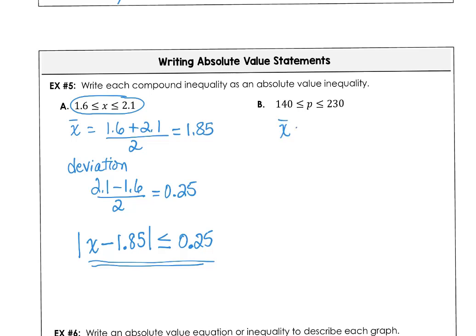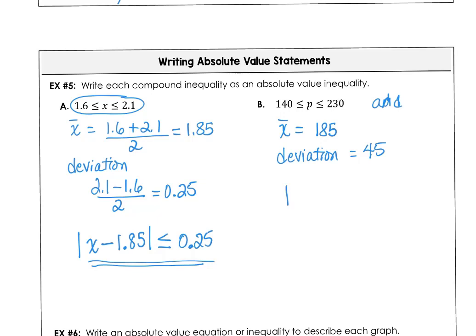I found the average to be 140 plus 230 divided by 2. I found the middle to be at 185. And I found the deviation between the difference, 230 minus 140 divided by 2, to be 45. It's also an and statement.